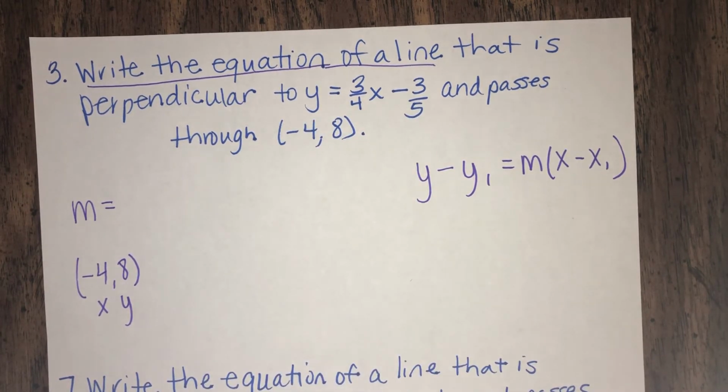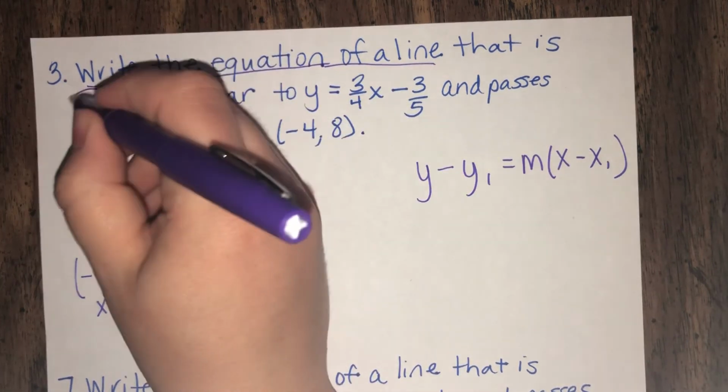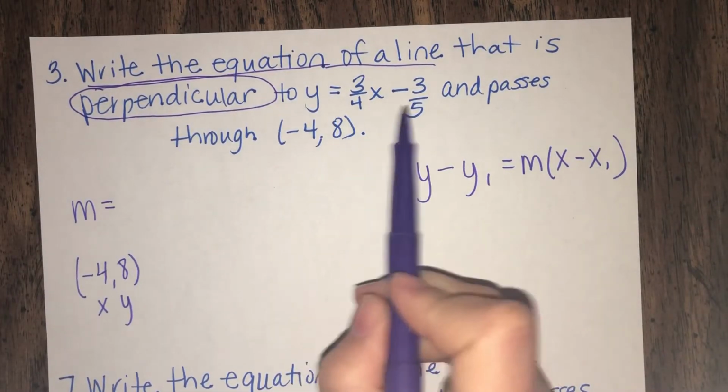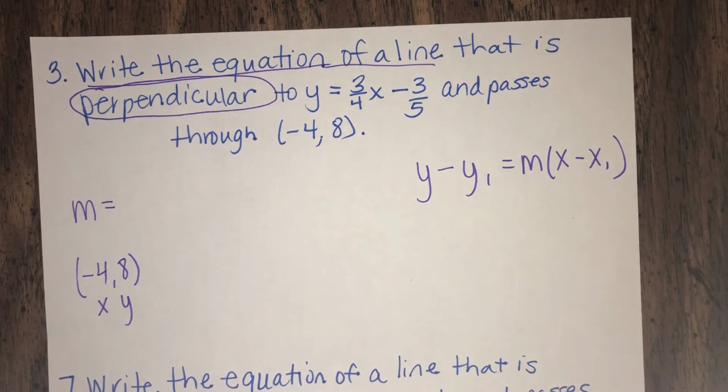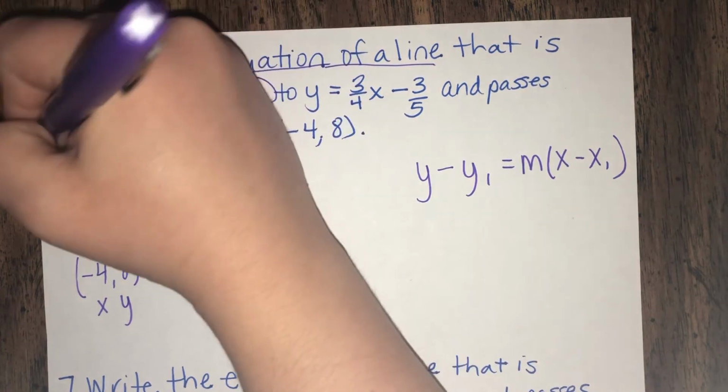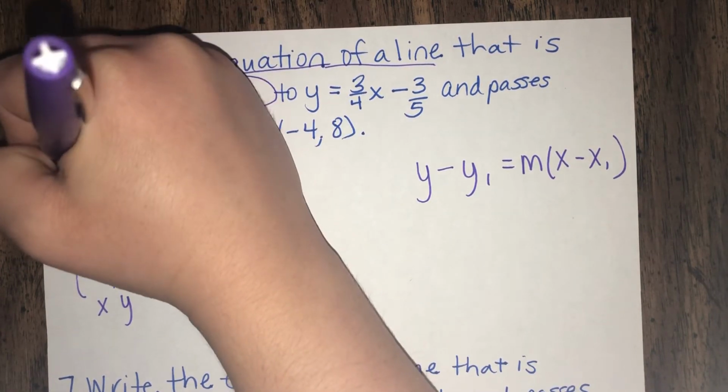But before doing that, always make sure that you're reading the question. This is asking for a perpendicular line, which means whatever the slope is here, I don't want it to be exactly the same when I put it into this new equation. It has to be flipped and reversed.